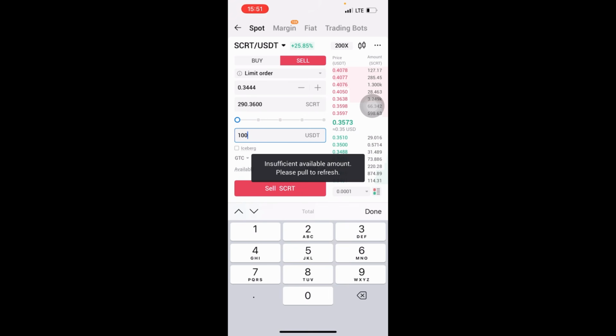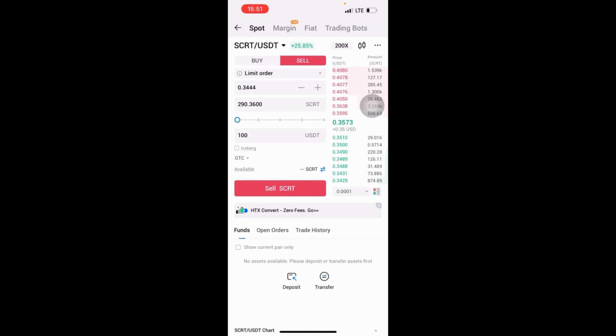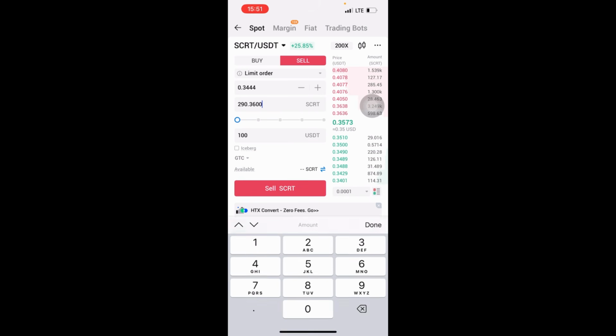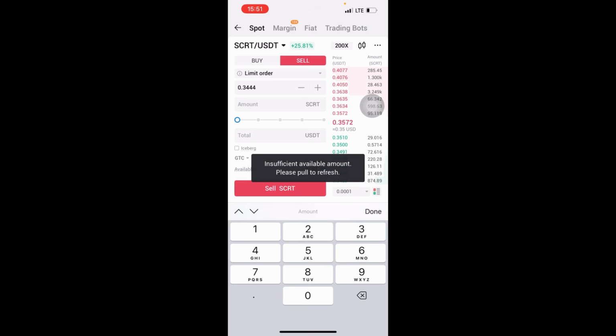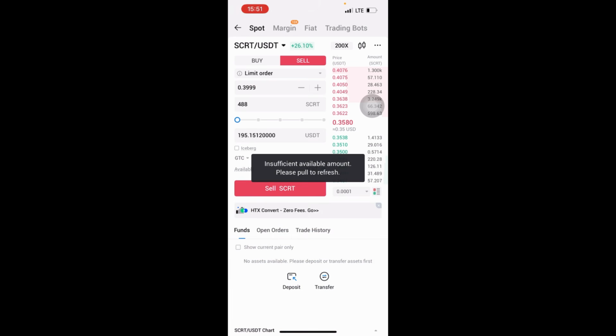Let me do this for you to see. The 488, and I say okay, sell it at 0.3999. You see, yeah. So you initiate a sell, and it will not sell until it gets to this price.